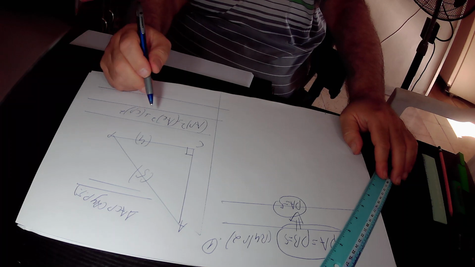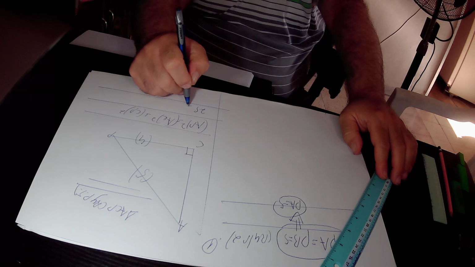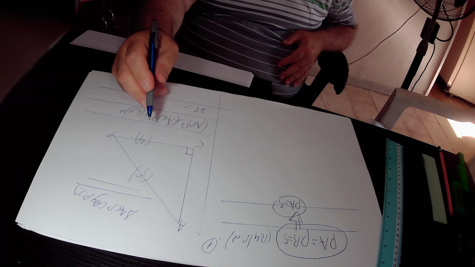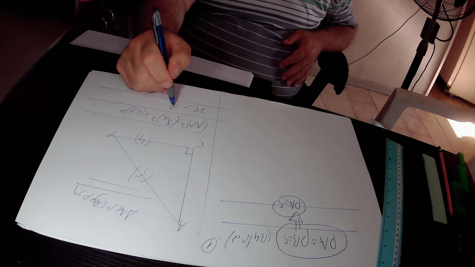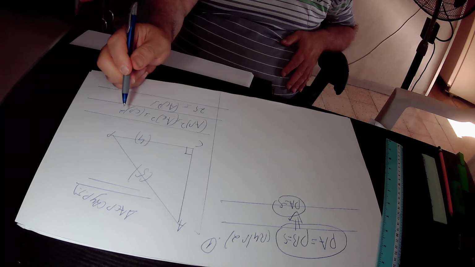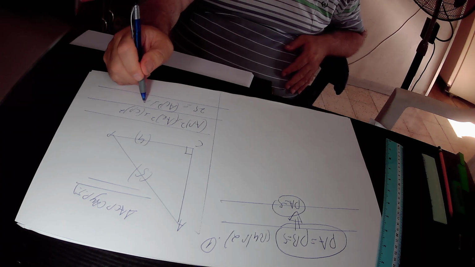AP is 5, therefore AP squared is 5 squared, that is 25. And it equals AC squared. AC is the missing side, so we leave it as it is. CP is 4, therefore CP squared is 4 squared, that is 16.